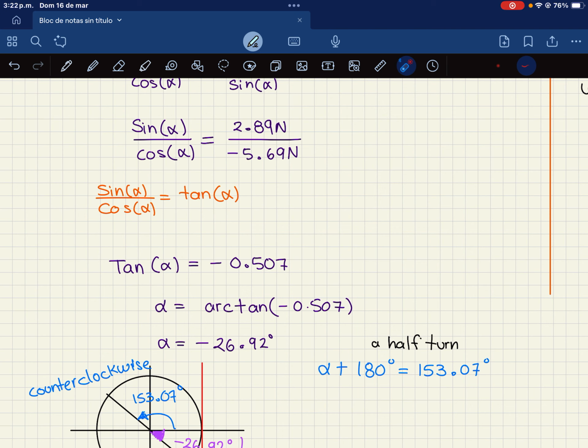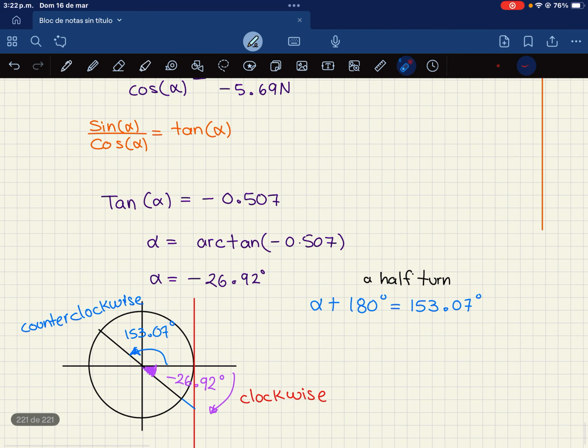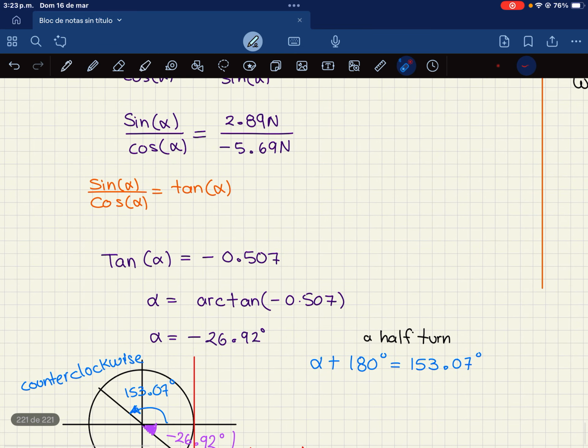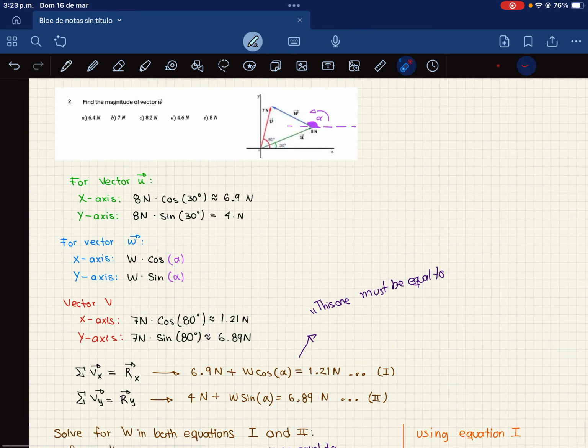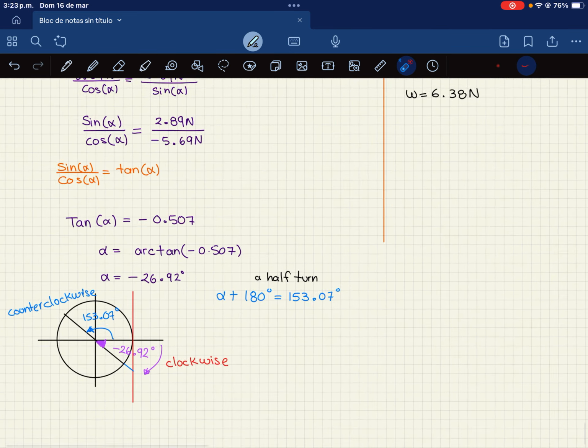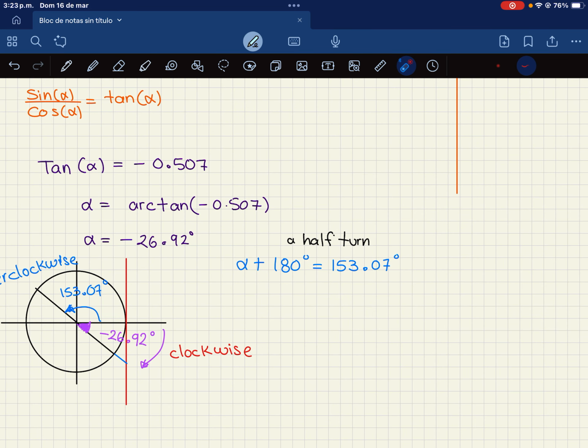Applying the inverse function with our calculator, alpha is equal to arctangent of minus 0.507. We have alpha is equal to minus 26.92 degrees. But considering the diagram and expressing the angle in a better way, we add 180 degrees, a half turn.